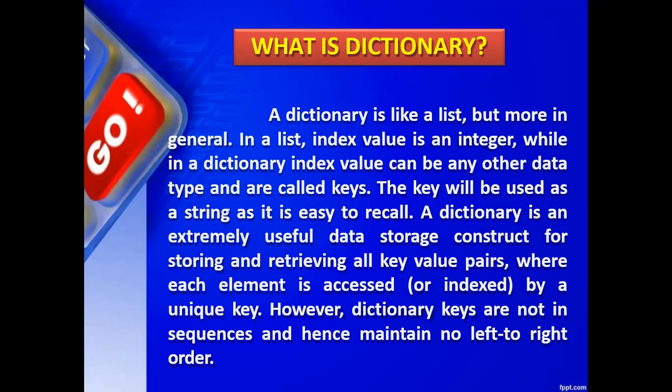A dictionary is an extremely useful data storage construct for storing and retrieving key value pairs, where each element is accessed by a unique key. However, dictionary keys are not in sequence and hence they are not maintained in a left to right order. All this will become clear to you as we proceed with the chapter.